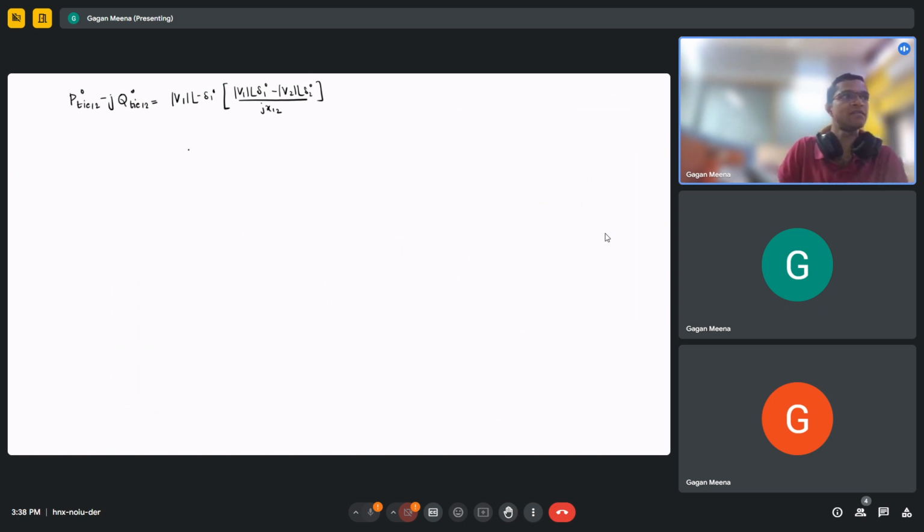I will not solve it; you can multiply it and split it into sine and cos, then on both sides equate the real and imaginary parts. Finally you will get P tie 12 is equal to V1 V2 sine of delta 10 minus delta 20 divided by x12. So this is initially what is happening.